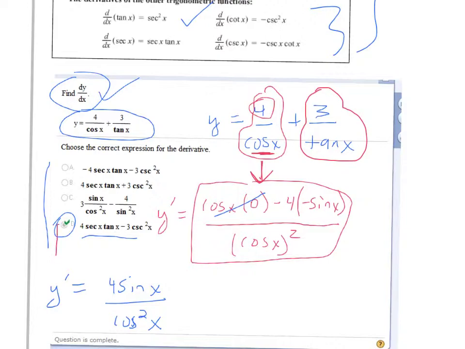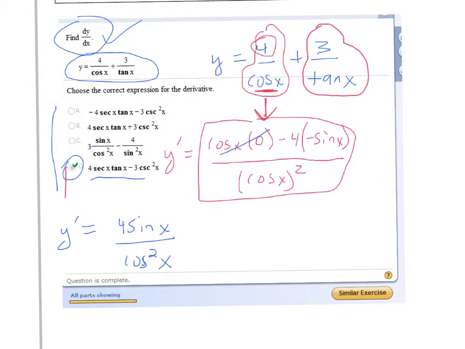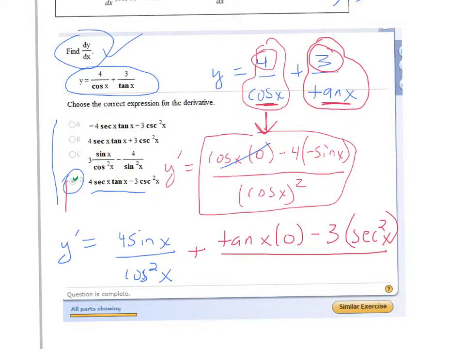So bottom function, which is tan x, times the derivative of the top, well, the derivative of 3 is 0, minus top function times the derivative of the bottom, well, the derivative of tan is secant squared, all over bottom squared, so you could say tan squared x.